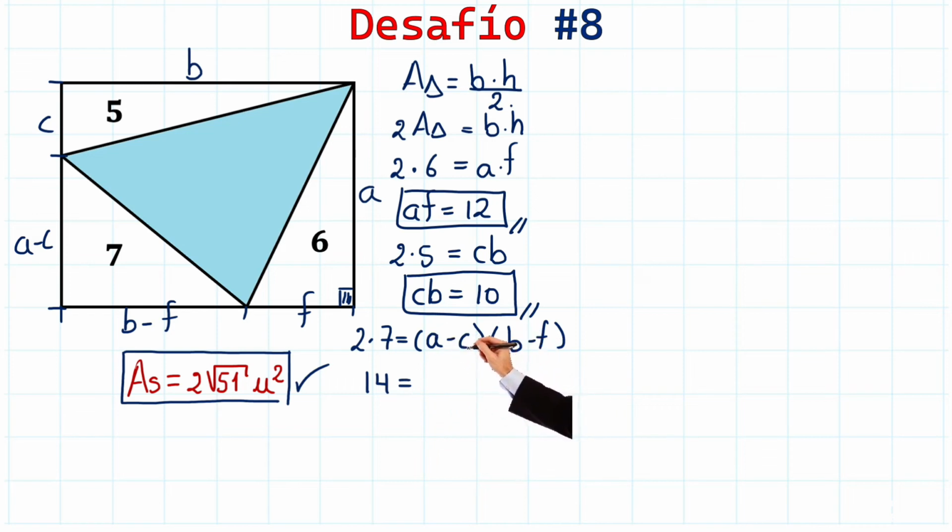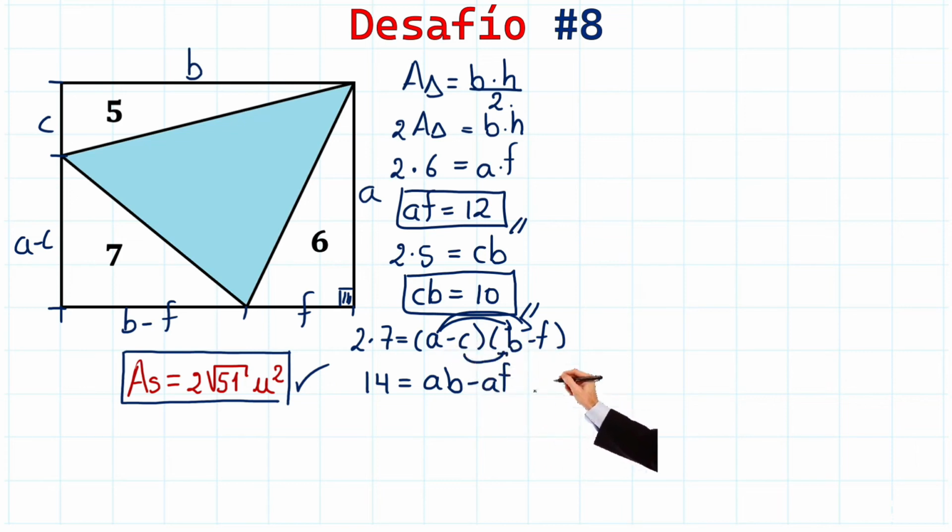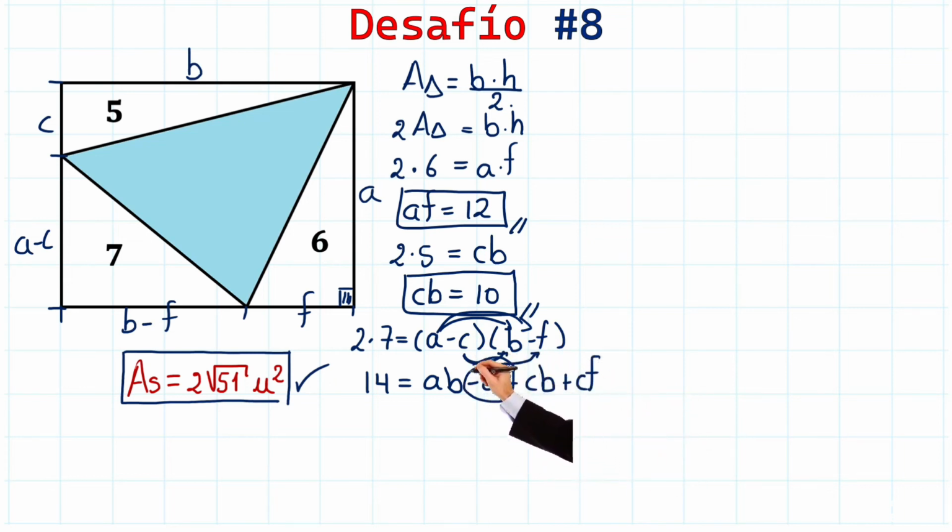Here we apply the distributive property. A times B gives us AB, then A times minus F gives us minus AF, then minus C times B gives us minus CB, and minus C times minus F, minus times minus is plus, gives us CF. Pay close attention to what we have here: AF and CB, we already have those.